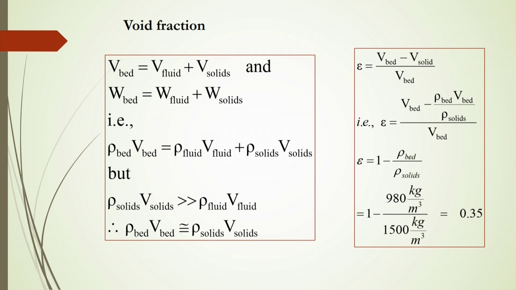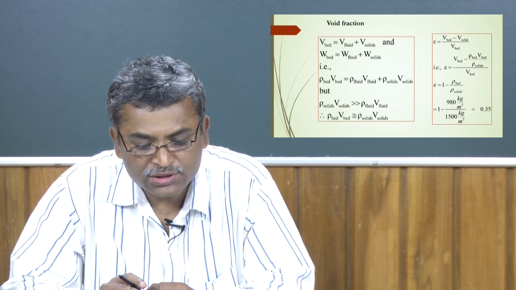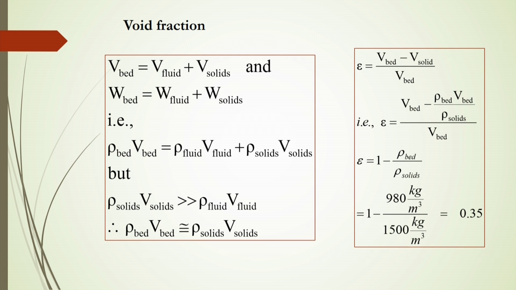First of all, you have to calculate the total volume of the bed. The total volume of the bed means the volume of the fluid and the volume of the solid, and then the weight of the bed will be equal to the weight of fluid plus the weight of solids. The weight of the bed will be equal to the density of the bed into the volume of the bed.